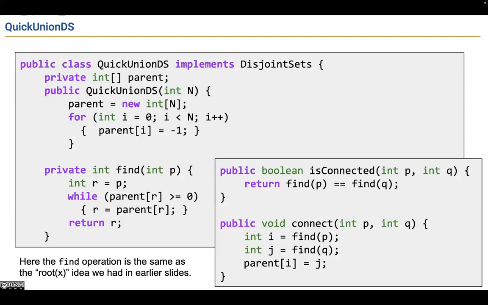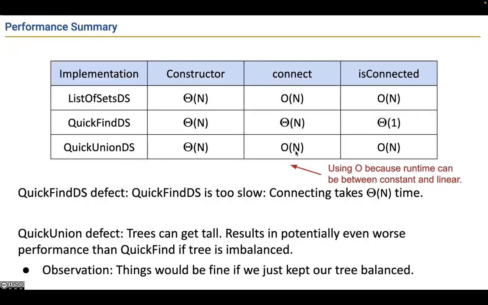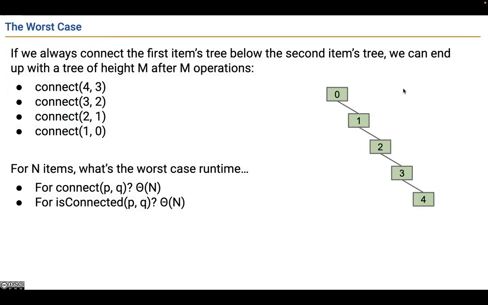OK. So I call this approach quick union. And at first, it seems like quick union is not great, because the connect operation and the is connected operation are both theta of n. And that's because my trees were kind of ugly like this. So the final improvement we have to make is, if only we could avoid trees that look tall like this, then maybe we have something on our hands.